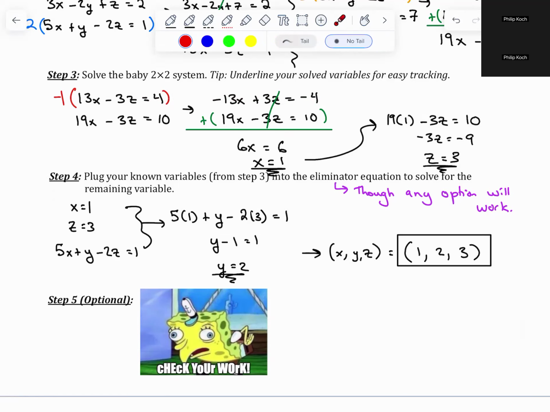So what I mean by nice fractions is things like 1/2 or 3/4 or -1/5. If you start getting 17/99 or 8/62 or something like that, that's a good indication that you probably made an algebra error somewhere. So if you start getting some nasty fractions, take a step back and retry the problem.